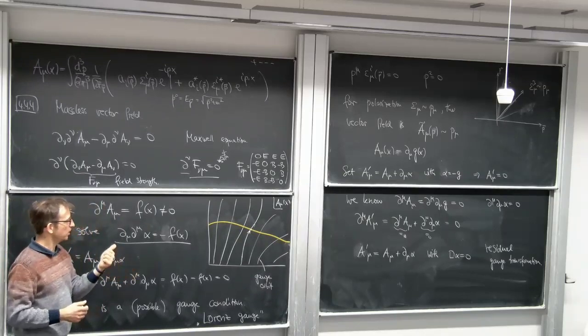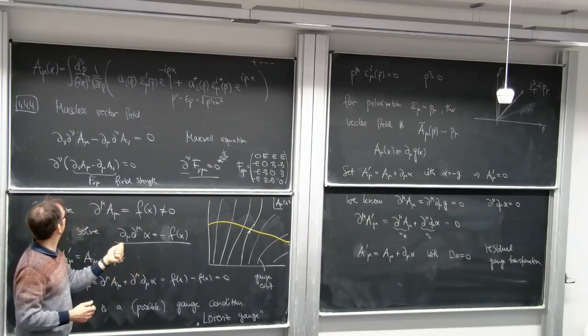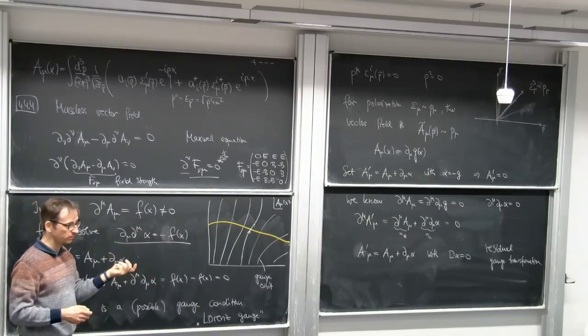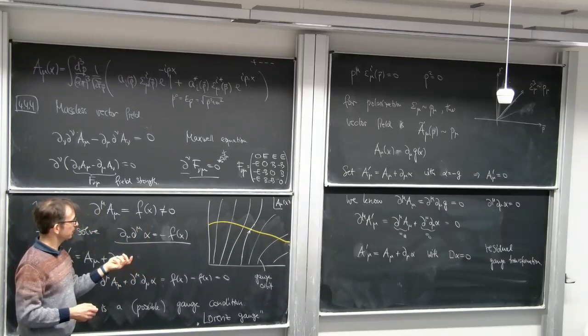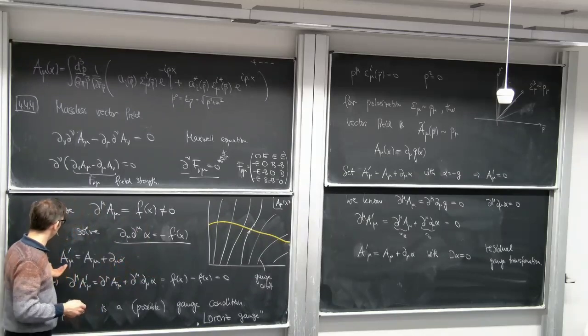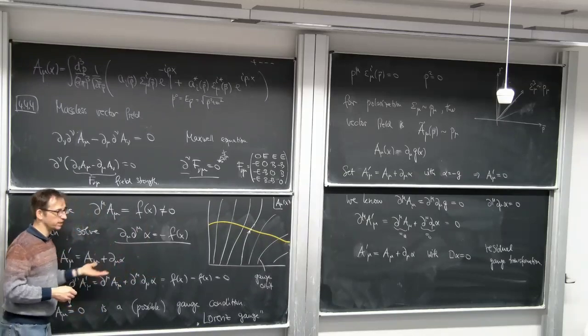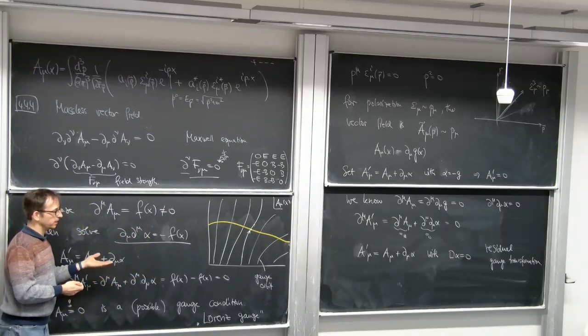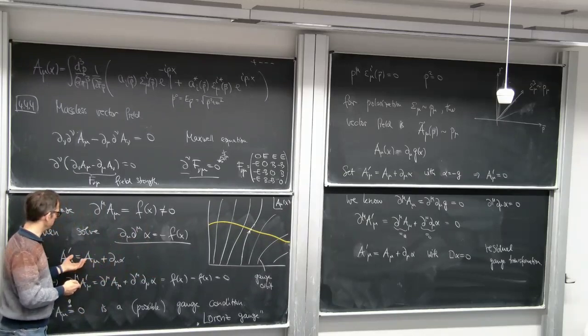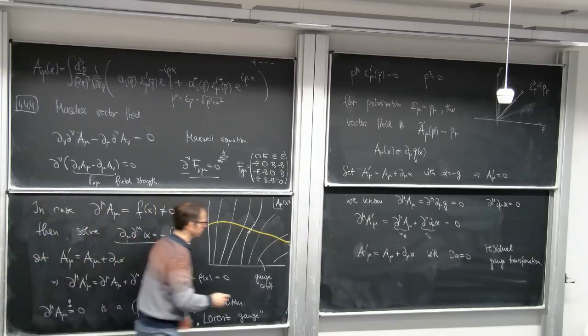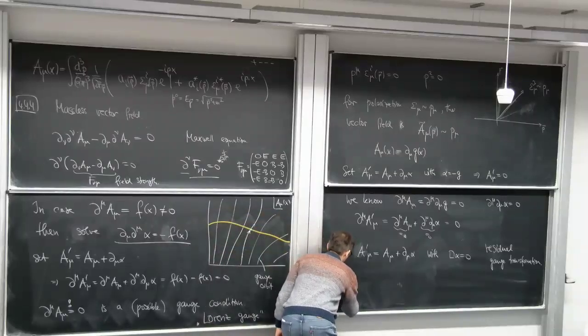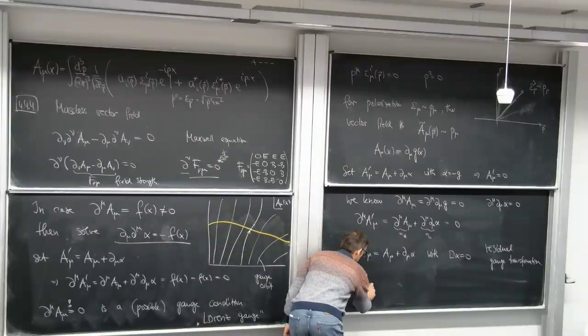One question you can ask is, why do we stick to A mu and keep track of all this gauge freedom? Why couldn't we just write an A^I with I equals 1 and 2?